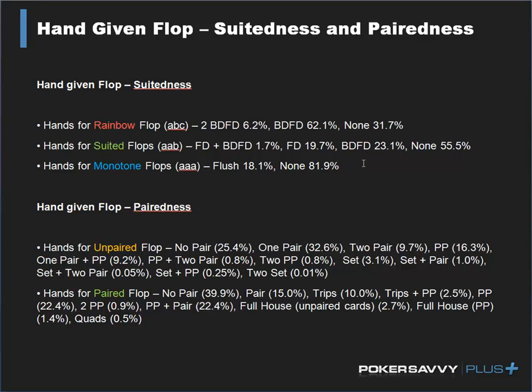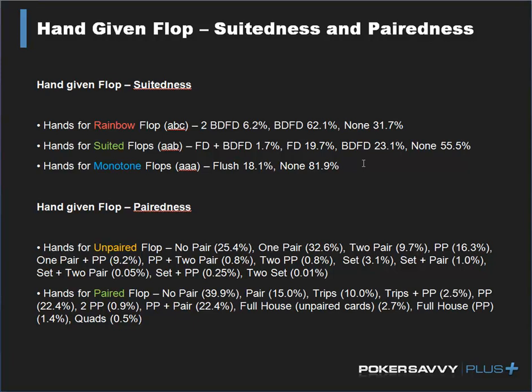And so in a situation where we're trying to decide whether to c-bet, whether to barrel, or whether to bluff raise a monotone board, have this number in mind. Know that most likely, in a heads-up pot, the chance that the opponent has a flush is roughly 20%. In a three-way pot, the chance that one of the two has a flush is roughly 40%, and so forth.